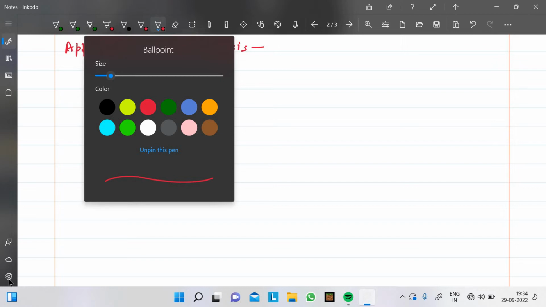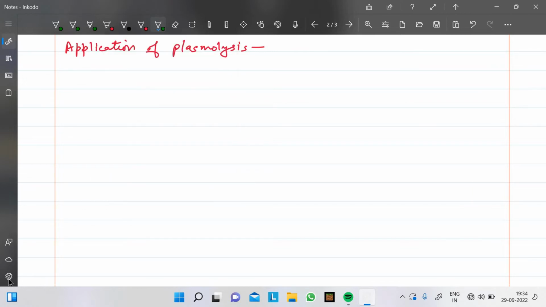In pickles, what do we put? Salt, and the quantity of salt is much more than normal. So why do we add salt to pickles? This is an application of plasmolysis.